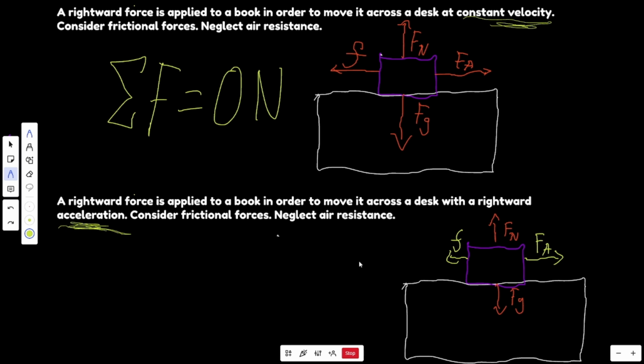And here for the bottom part, moving it across the desk with a rightward acceleration, we're moving it faster than friction can keep up. So the arrow of the applied force is larger than friction.